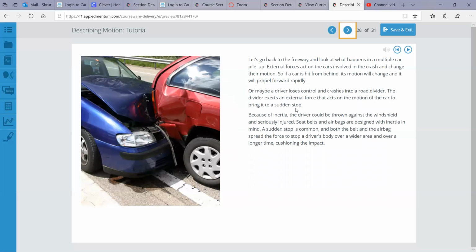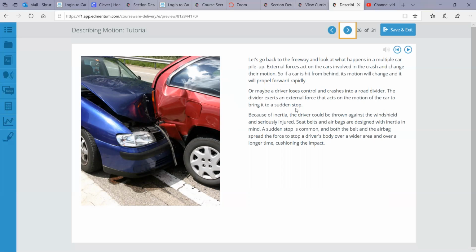Or maybe a driver loses control and crashes into a road divider. The divider exerts an external force that acts on the motion of the car to bring it to a sudden stop. Because of inertia, the driver could be thrown against the windshield and seriously injured.